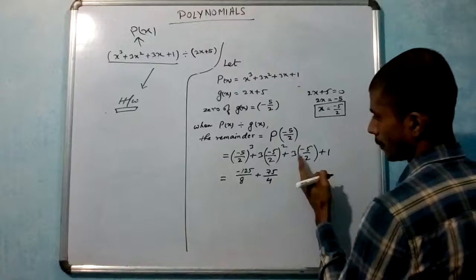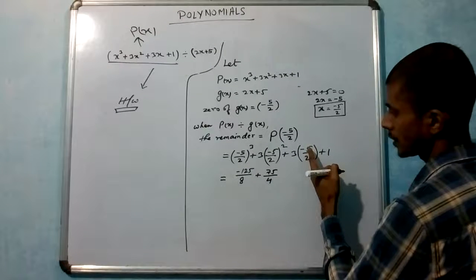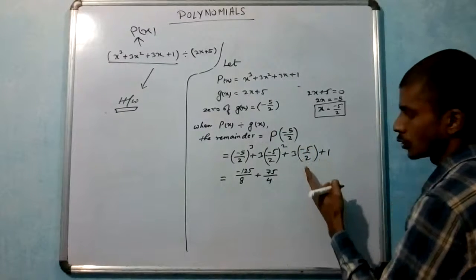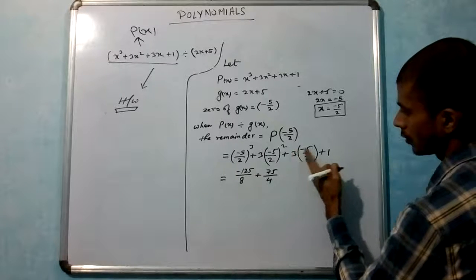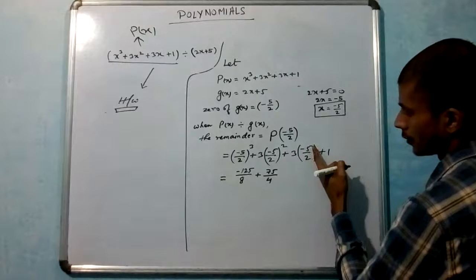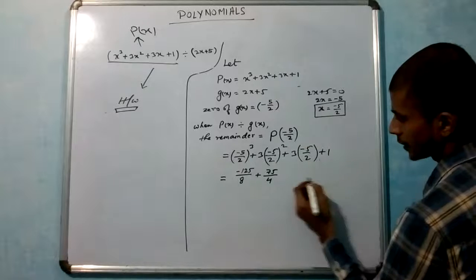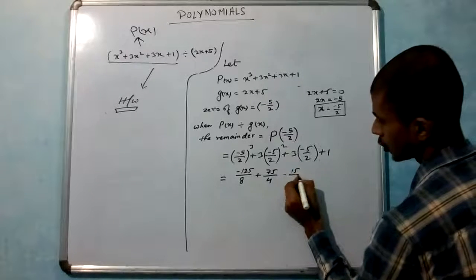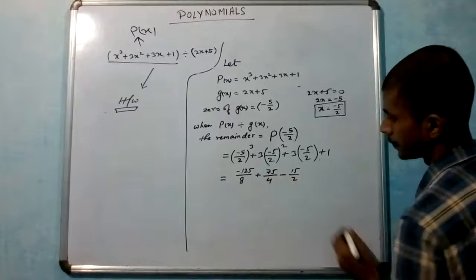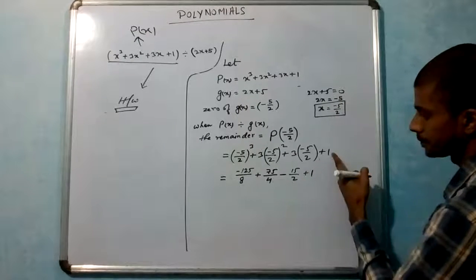Plus is there and here no sign, means minus will be there only. So 3 5s are 15, 15 by 2, and minus is there, means minus 15 by 2 plus 1.